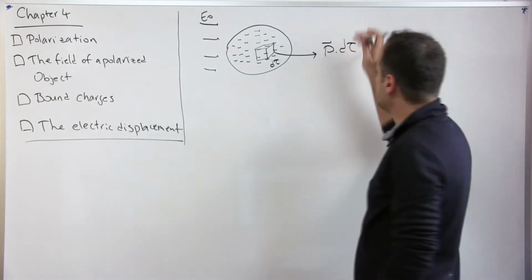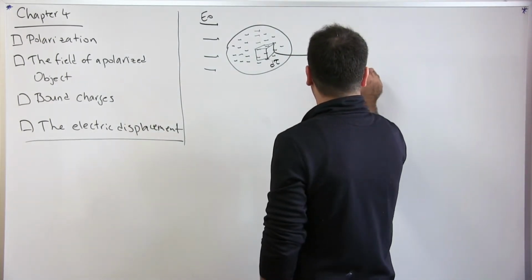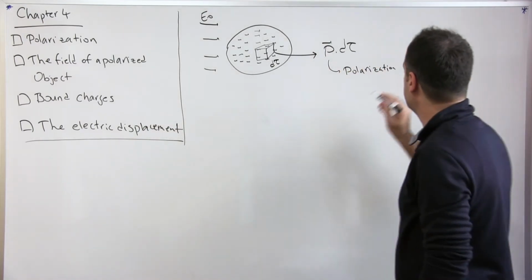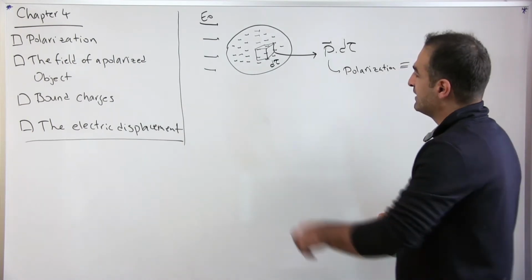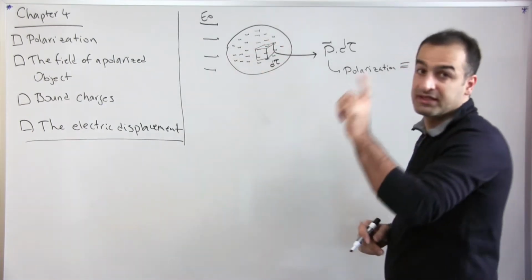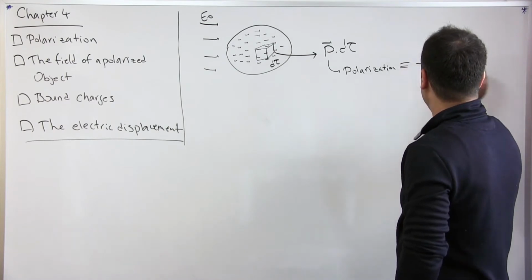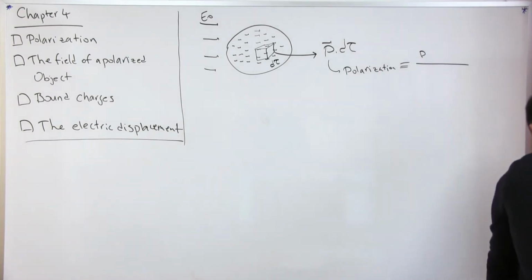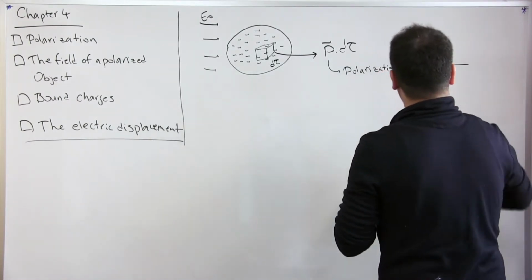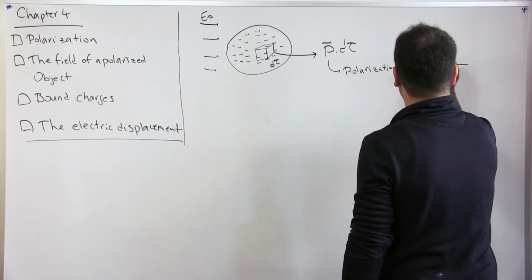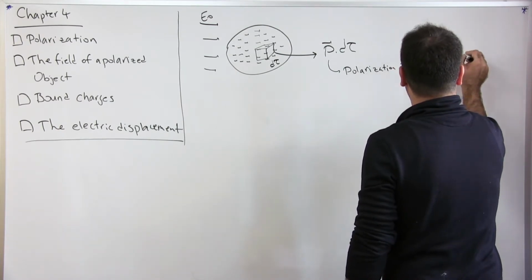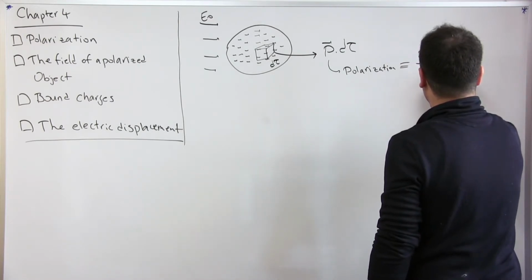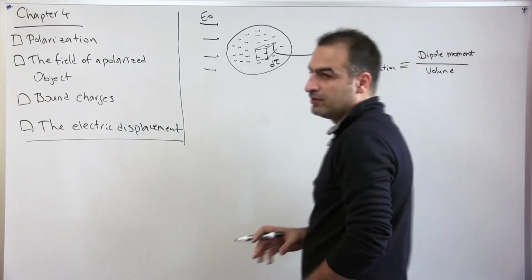This P is called polarization. Basically, the polarization is the dipole moment in a small volume divided by the volume, or dipole moment per volume.